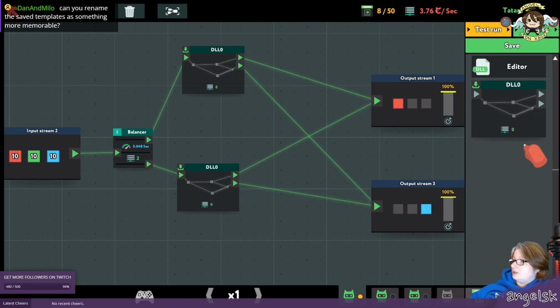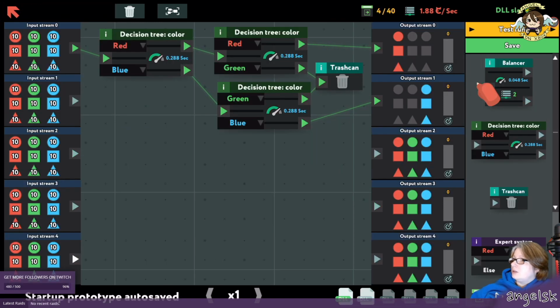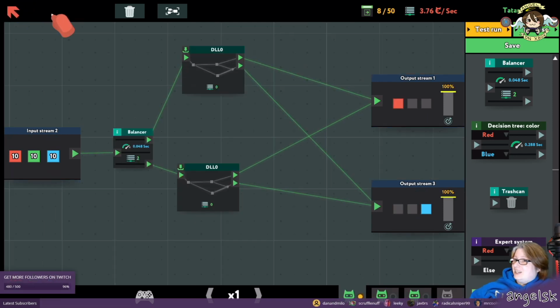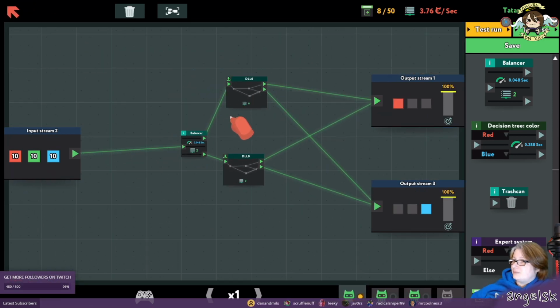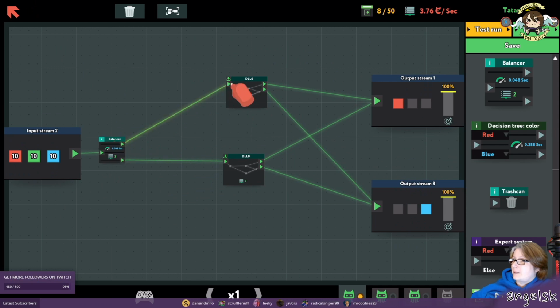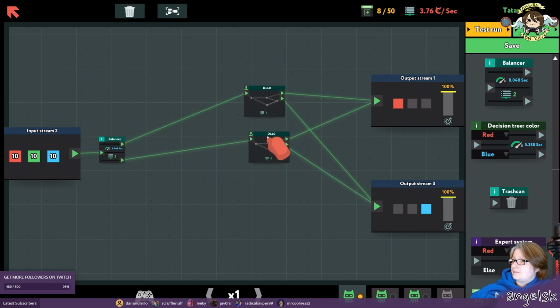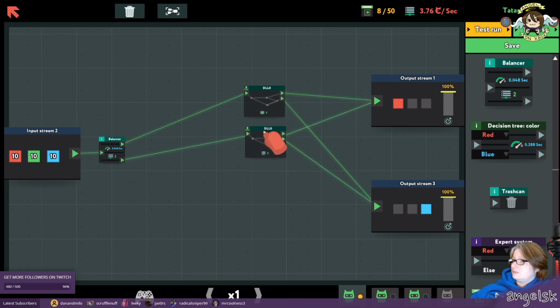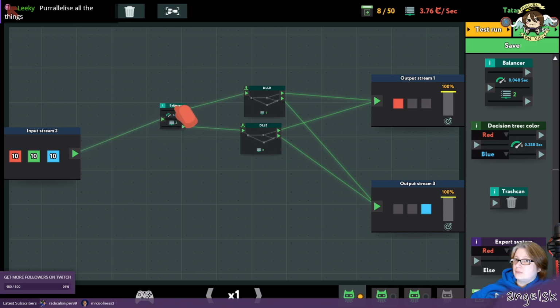Let's see. Nope. It's DLL 0. Parallelize all the things.